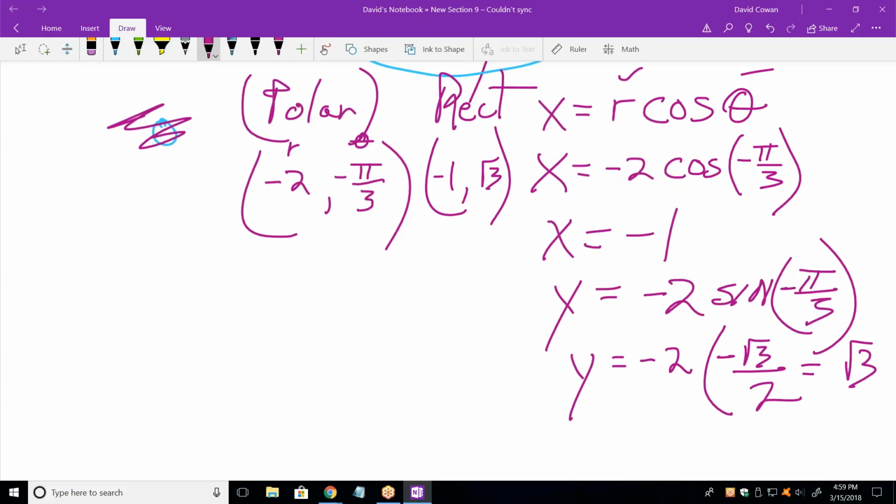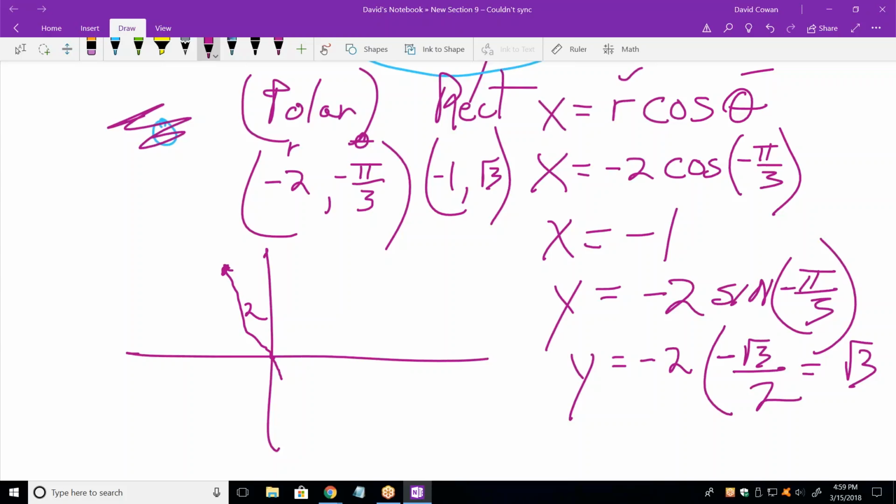Now let's see if that works, because the one thing you can always do is lay them on the same grid. Let's do the polar first and see where we end up. First I'm going to go minus 60 degrees. But then I'm going to go in the opposite direction too. So that's the ray I end up with, and that is a length of 2.